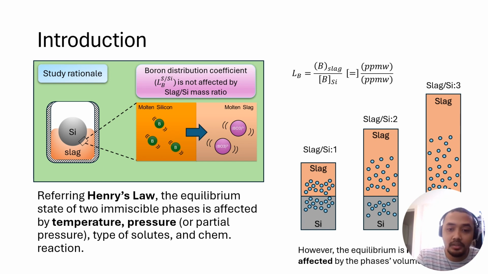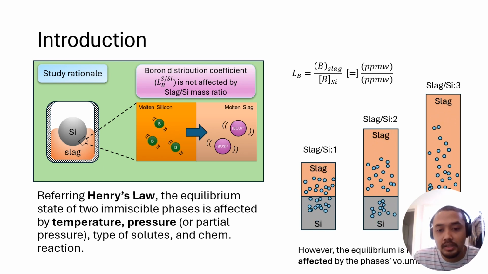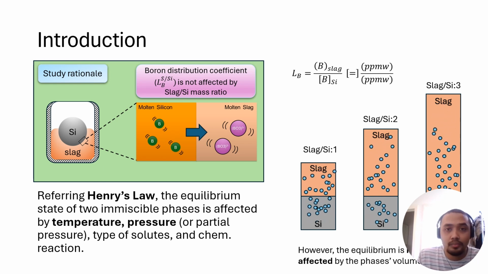So we can imagine the boron in the slag and in the silicon, such as in this diagram. When you change the slag to silicon ratio by 1, 2, or 3, it doesn't really matter because the boron distribution coefficient will almost be the same.